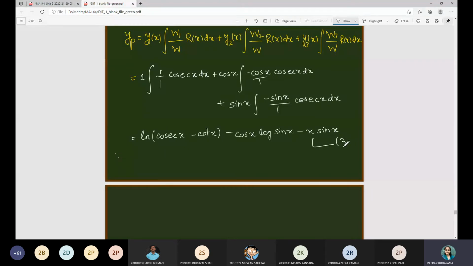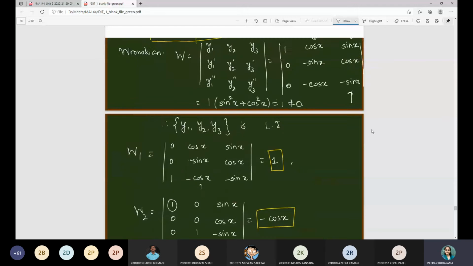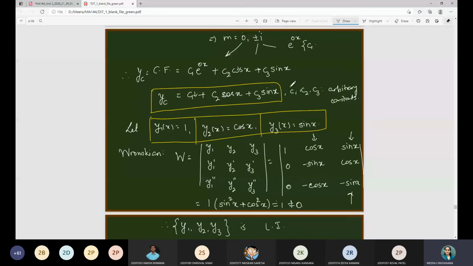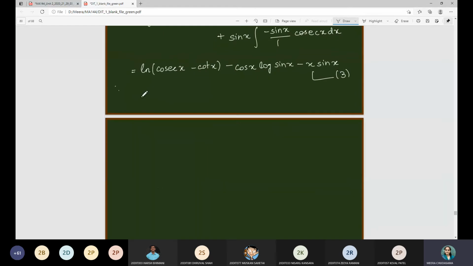Therefore, let me give this as equation number 3. Equation number 2 is this one, and from 2 and 3, the general solution of 1 is y of x is equal to yc plus yp.